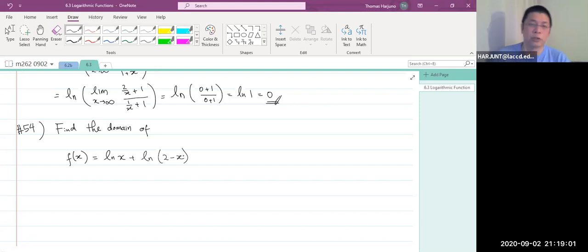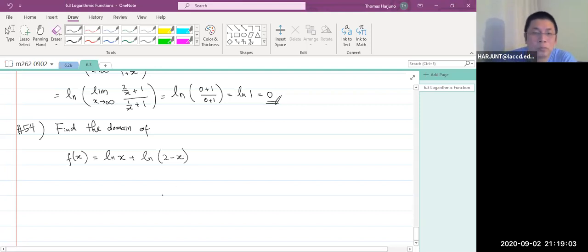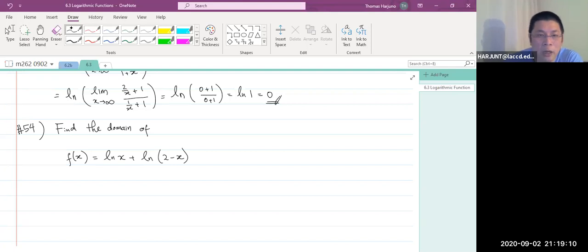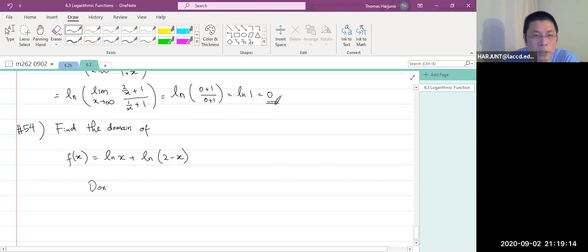Oh, very good question. Yes, the summation of two functions, right? The summation of ln x and ln of 2 minus x requires the domain of f to be the intersection of the domains.